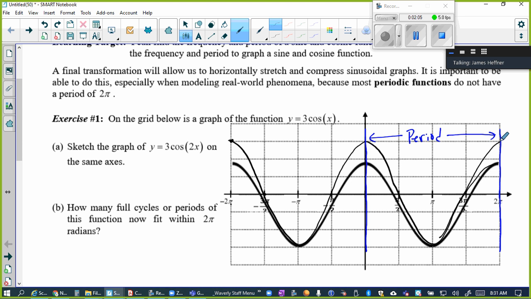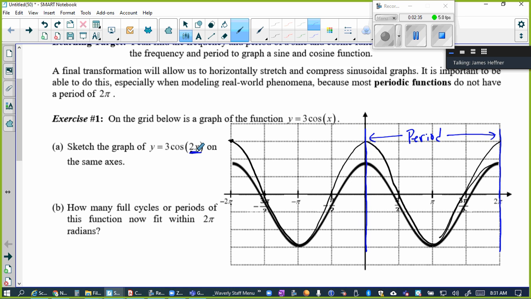So this set of axes, y equals 3 cosine x, right? Now they want 3 cosine 2x. What do you think multiplying by 2 inside here is going to do? If we're doubling the x, won't that effectively squish the curve, kind of like a spring or an accordion?